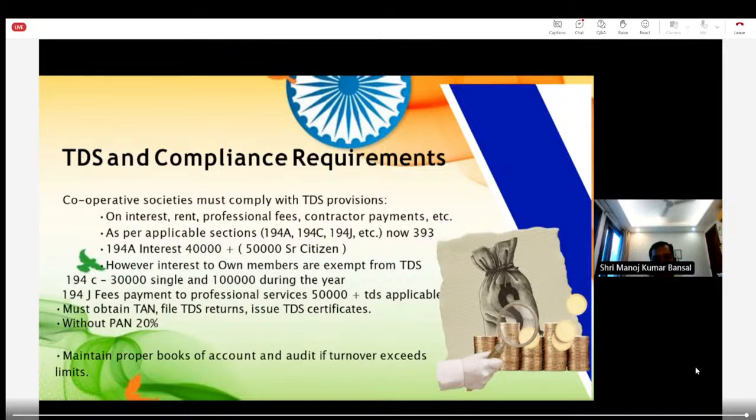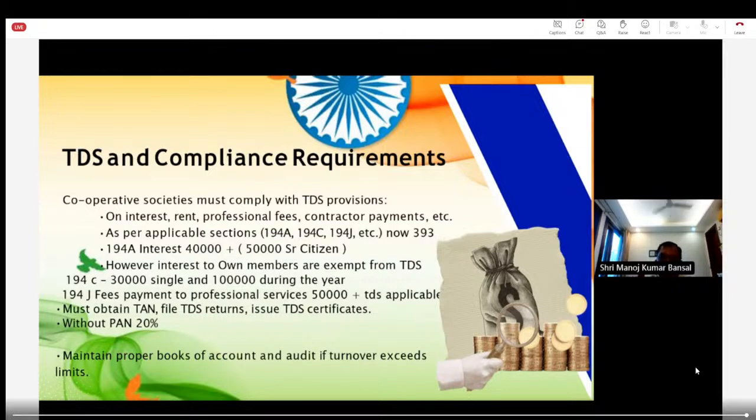A cooperative bank needs to deduct TDS if the interest amount goes above 40,000, and 50,000 is the limit for the senior citizen case. However, interest to own members is exempt from TDS. This is one plus point, that if a cooperative bank is paying interest to its own members, TDS is not leviable.